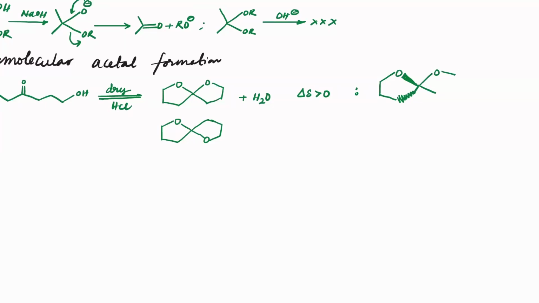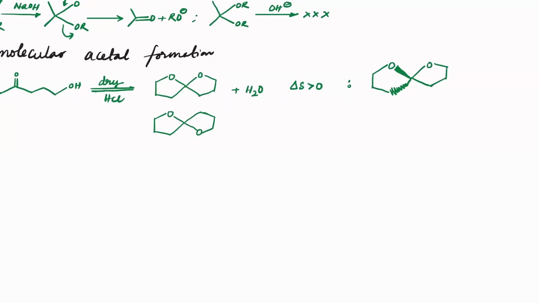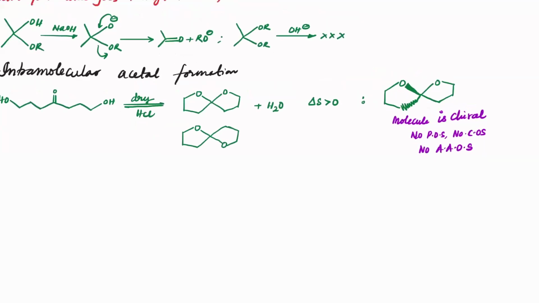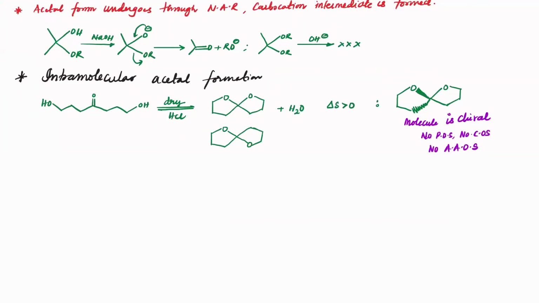Because this structure does not have any plane of symmetry or center of symmetry, the molecule is chiral. A lot of times it will be asked what about the molecule here. Why? No POS, no COS, and most importantly, no alternating axis of symmetry. Watching that, it appears as if it has an alternating axis of symmetry, but unfortunately it does not have any.